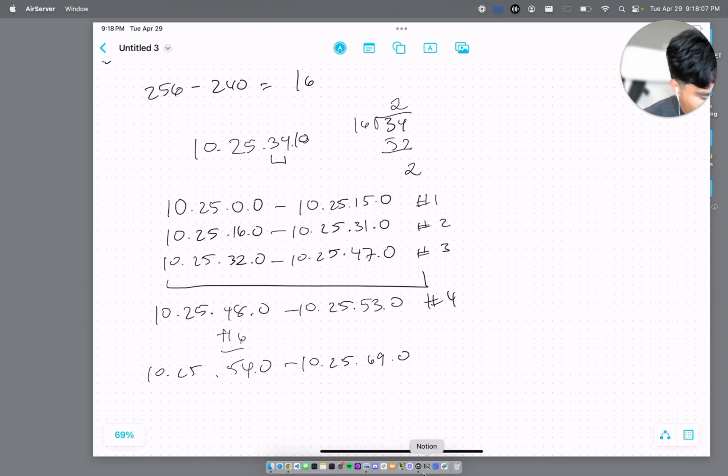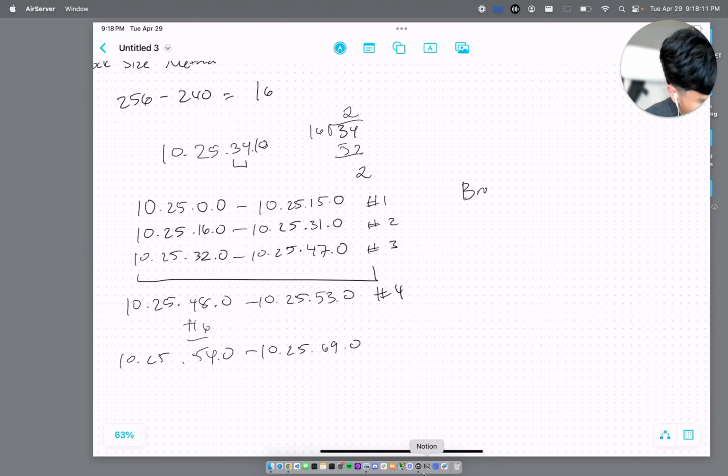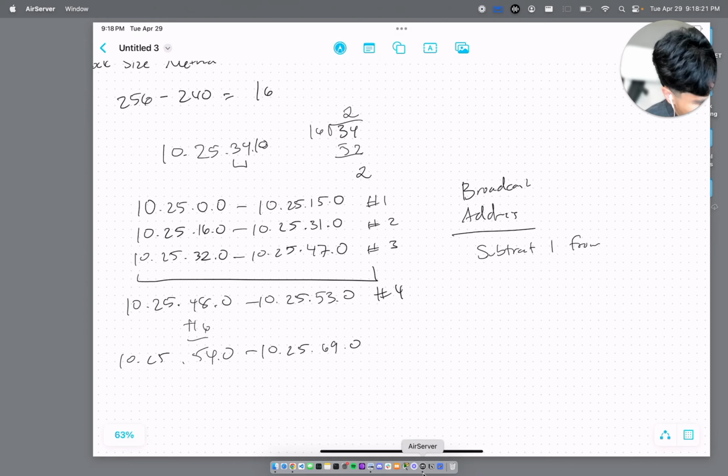And I forgot to mention this, but for the broadcast address, the simplest way to do it is to just subtract 1 from the next network. What I mean by that is the next network is 10.25.48.0, and we'll subtract 1 from it.